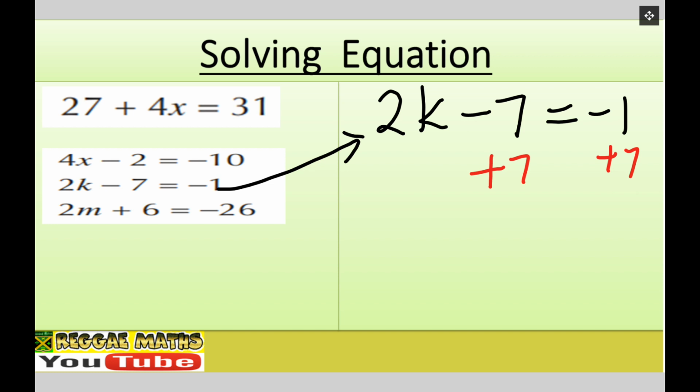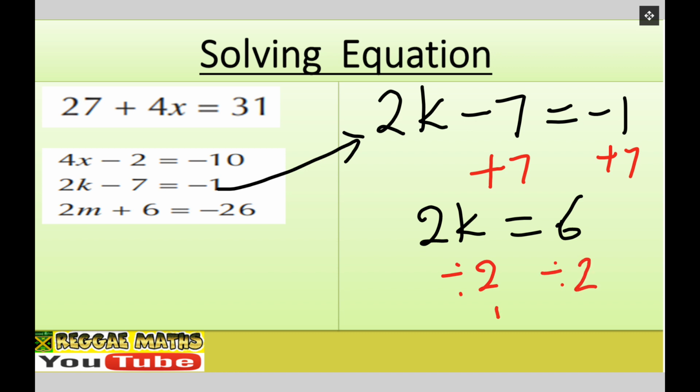So we end up with 2k equals 6. Divide both sides by 2. So k equals 3. So I'll leave this one for you to have a go.